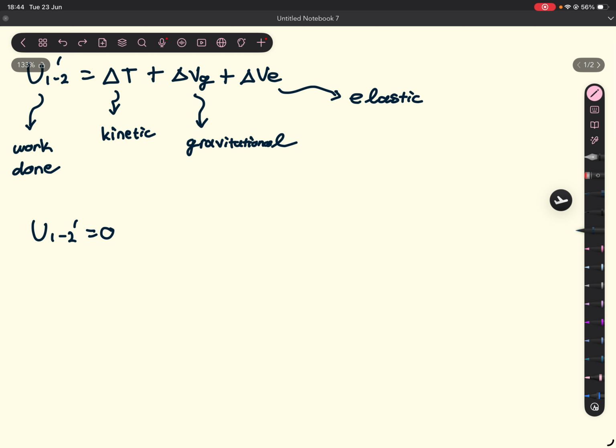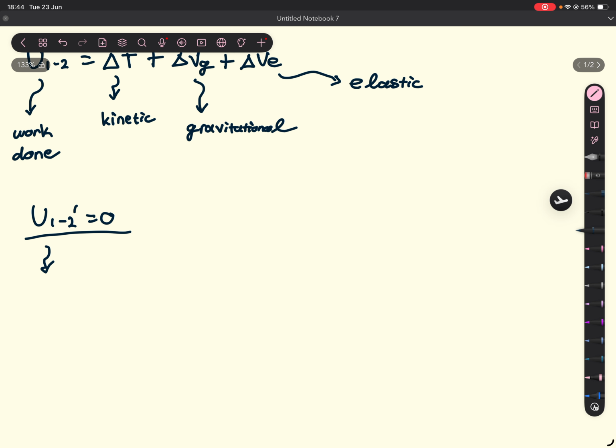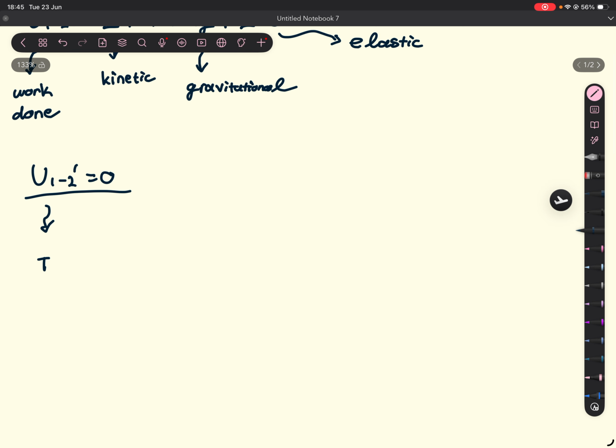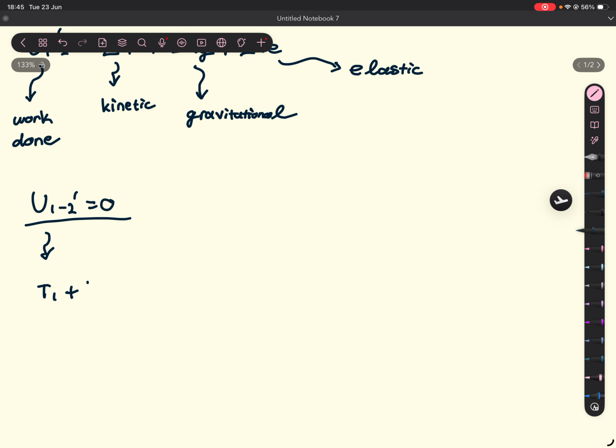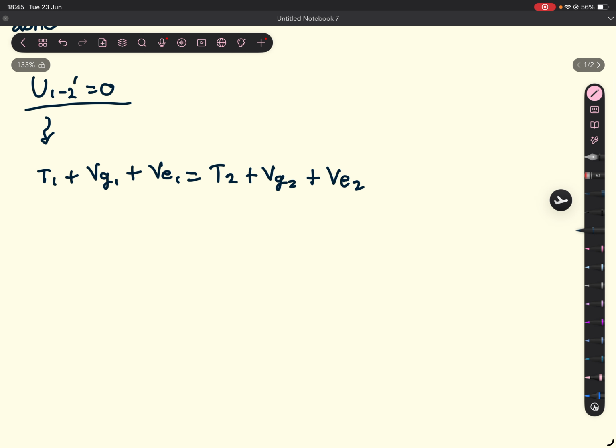And let's say we have a case where U12 prime is 0. Then at state 1, we're going to have T1 plus Vg1 plus Ve1 equal to T2 plus Vg2 plus Ve2, right?